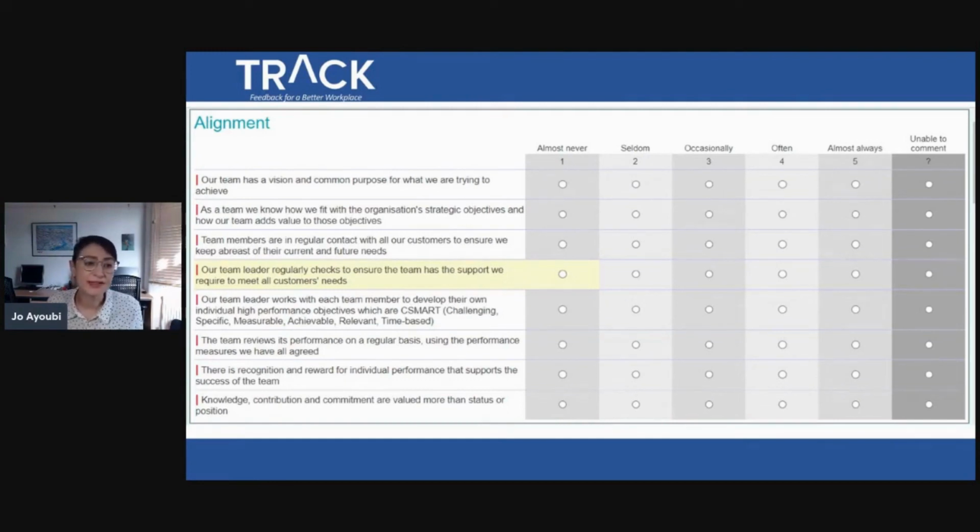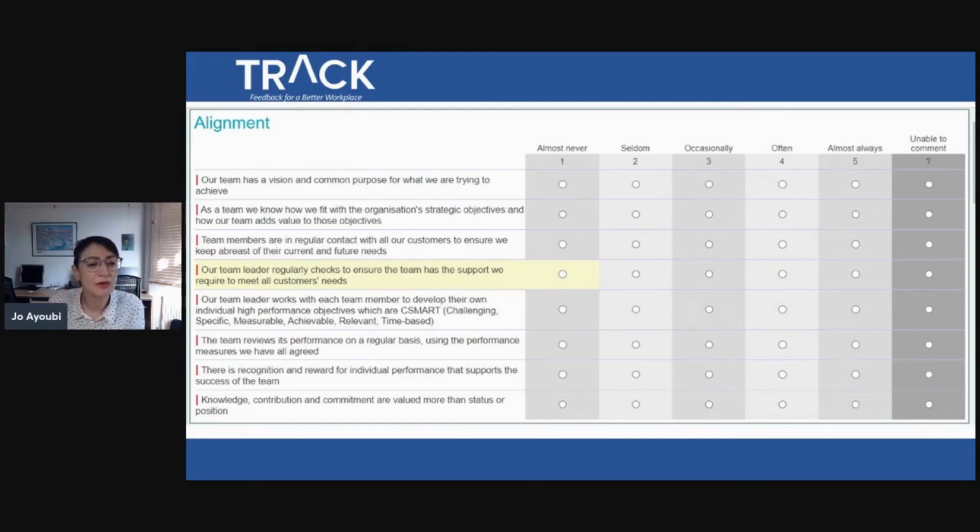Now, it's very interesting that although this is a bespoke questionnaire, the first section is about alignment, and that of course goes back to common goal and all facing in the same direction. So one of the critical areas to make sure, if you're doing a Team 360, whether it's bespoke or off the shelf, is that it covers the commonality of goals.